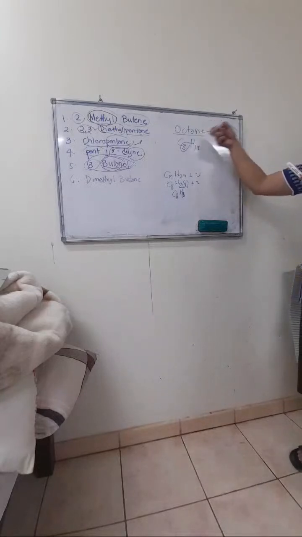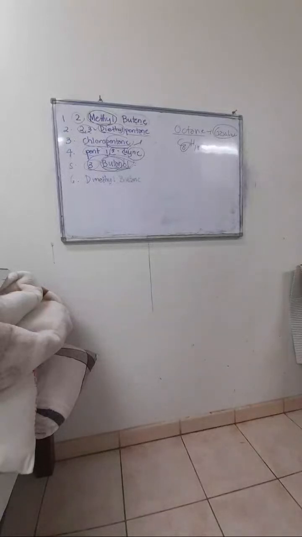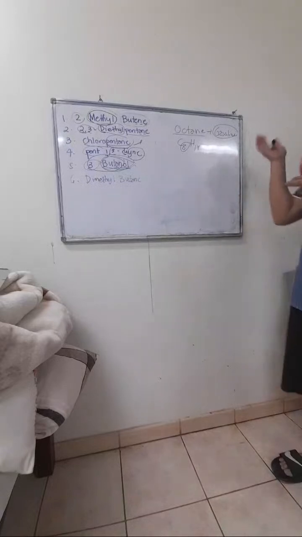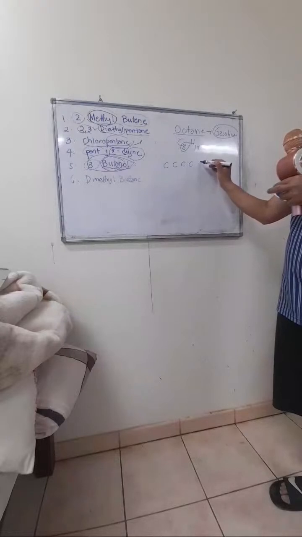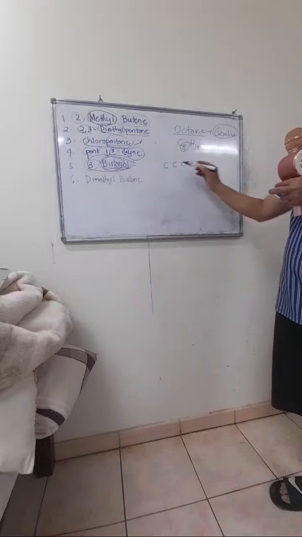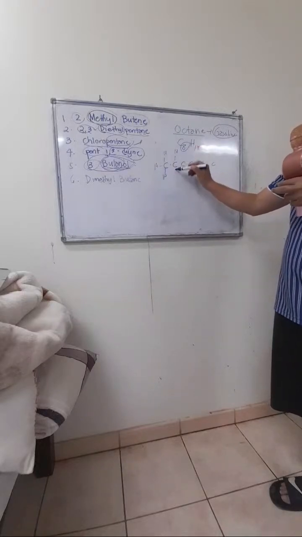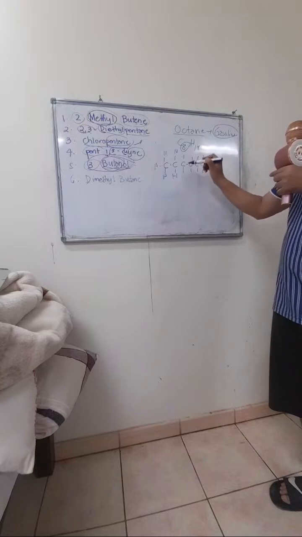Octane is general, gasoline is specific. You get the point. So now I could say that it is a nonpolar covalent compound, right? Let's prove it. 1, 2, 3, 4, so many, right? 5, 6, 7, 8, and the hydrogens spread evenly distributed.